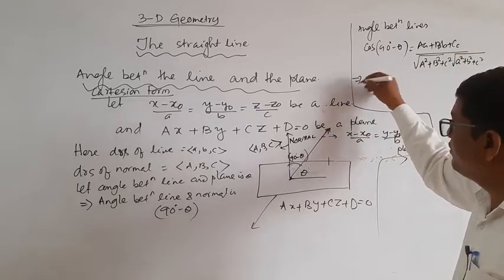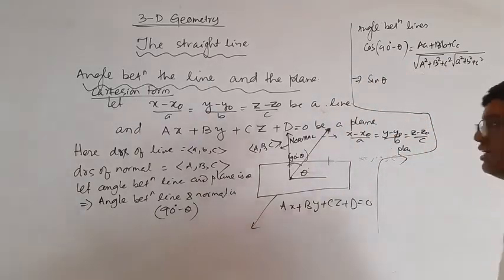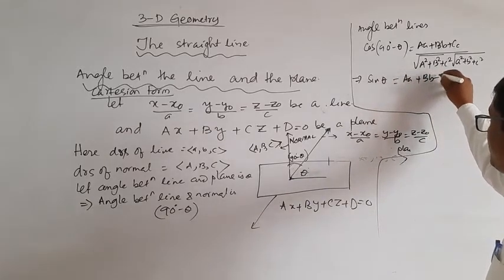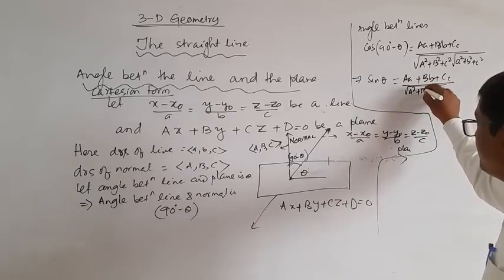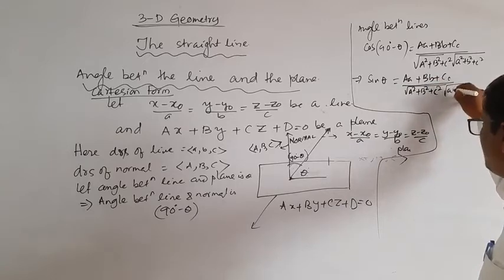So cos of 90 minus theta is sin theta. So sin theta equals aA plus bB plus cC divided by the two square roots.